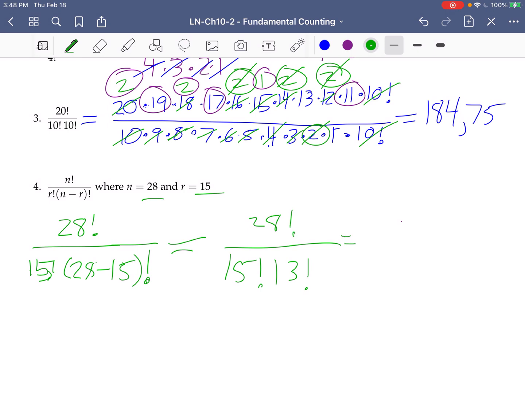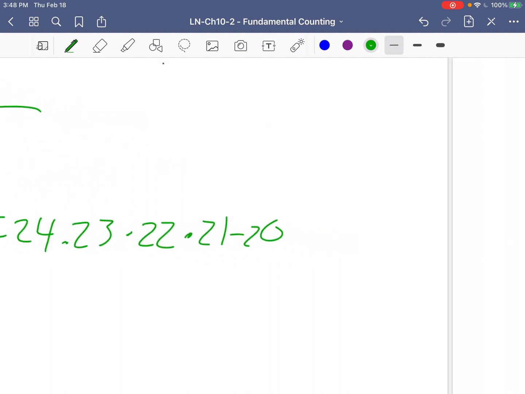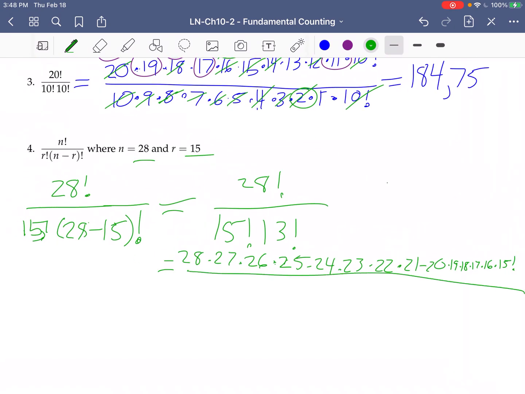We can expand 28 factorial. That's 28 times 27 times 26 times 25, 24, 23, 22, 21, 20, 19, 18, 17, 16, and then we have 15 all the way down to 1, which is 15 factorial.